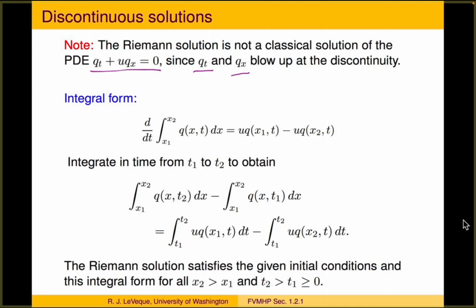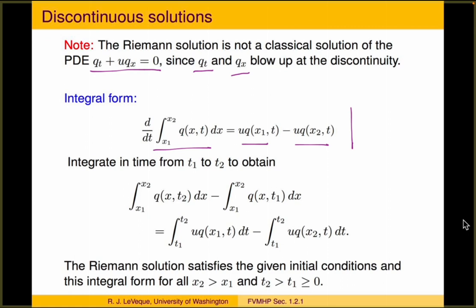And so then it's useful to go back to this integral form of the conservation law, where we're looking at the integral of Q over some interval and how that changes with time based on the fluxes at the left and right edge of the interval.